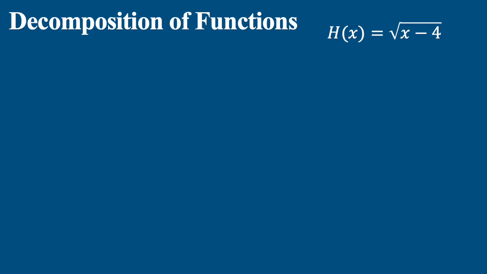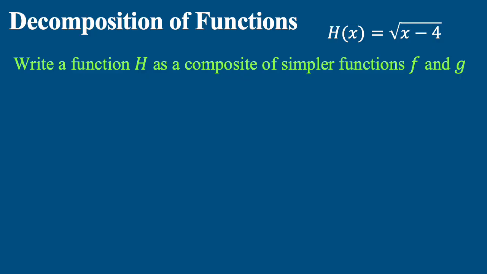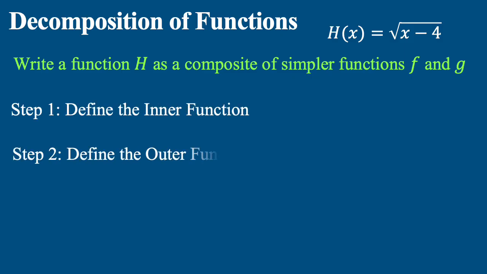So let's just start with this example. Write the function as a composite of simpler functions f of g. We define the inner function and define the outer function. So what's the inner function? What is the outer function? Clearly, I'm going to say the inner function is what's inside the square root.